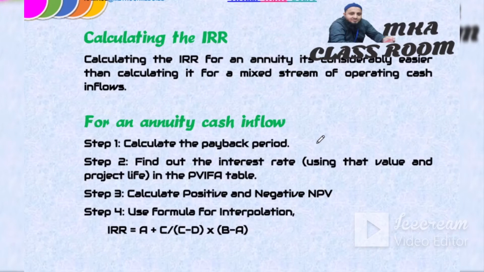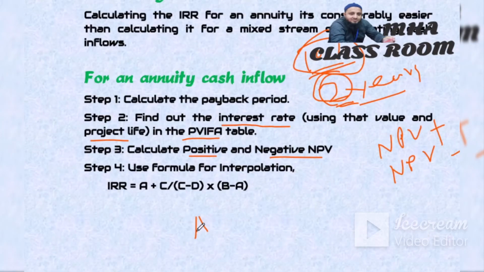IRR equals A plus C divided by C minus D, multiplied by B minus A. That is the formula for IRR, where A equals the lowest interest rate, B equals the highest interest rate, C equals the lowest interest rate's NPV, and D equals the highest interest rate's NPV. The result would be IRR.